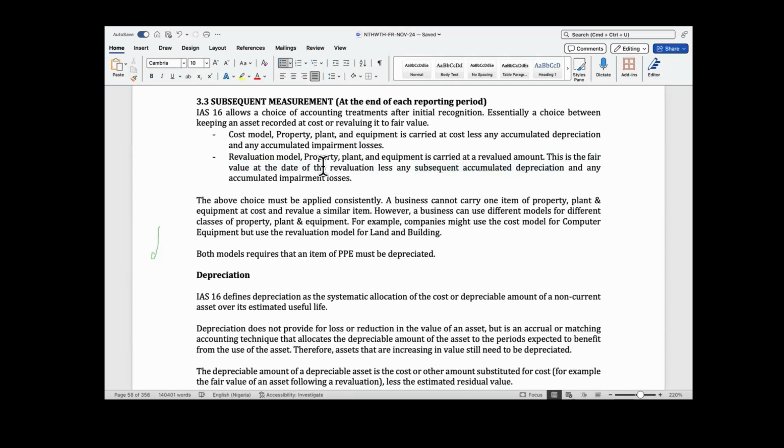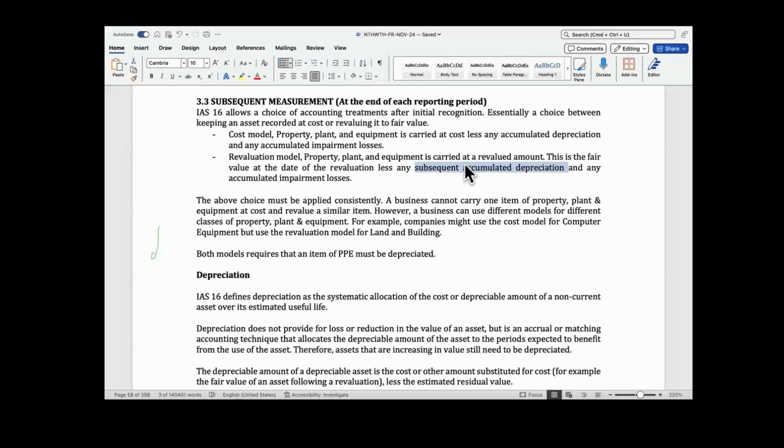So revaluation model is carrying it at revalued amount, and is usually the fair value of the assets at the date you revalue minus subsequent accumulated depreciation and any accumulated impairment losses.